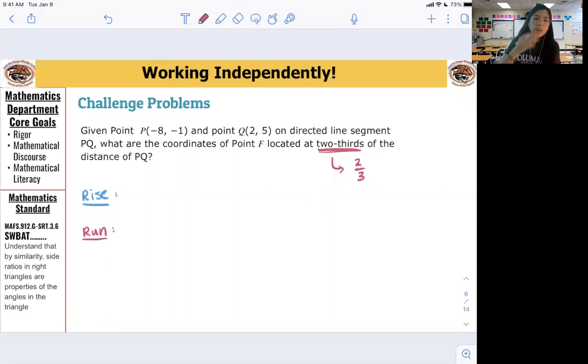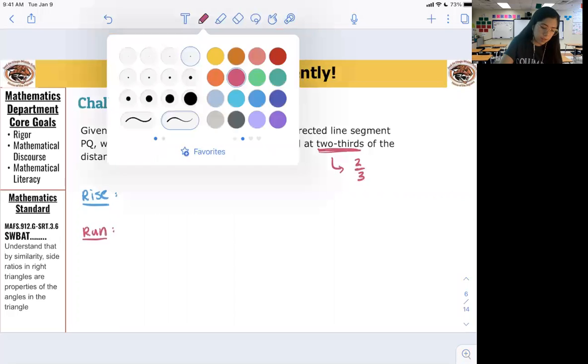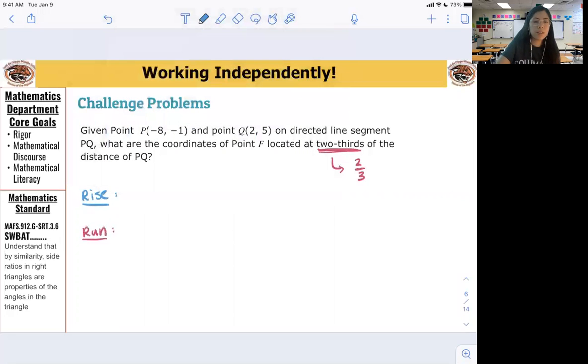All right. What is my rise? What am I calculating to get my rise? Five minus -1. So that's 6. How about my run? 2 minus -8.